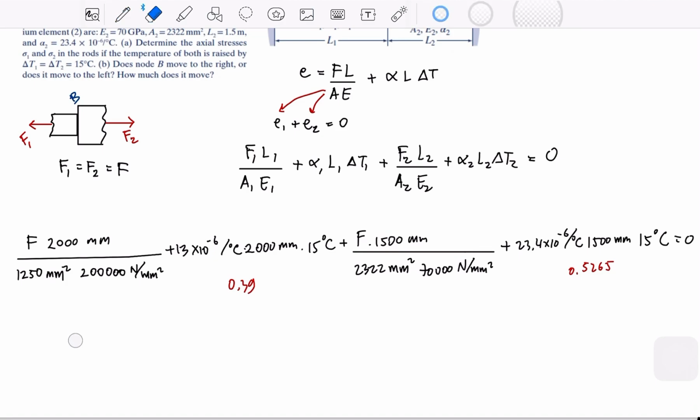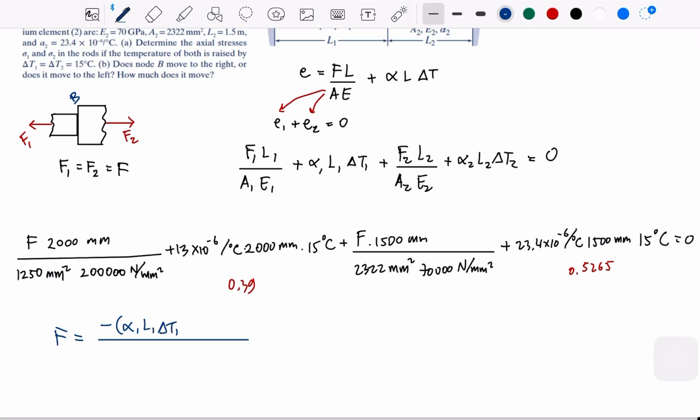So we can write this is F is equal to, I just realized we can maybe simplify it first. I think maybe easier. But either way, it should be the same result.